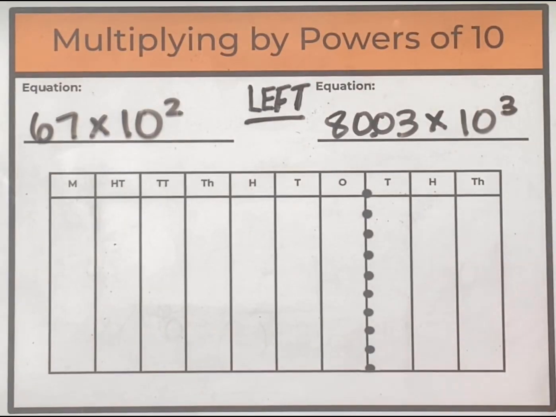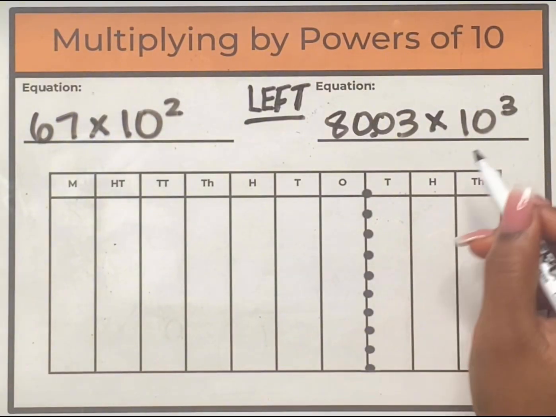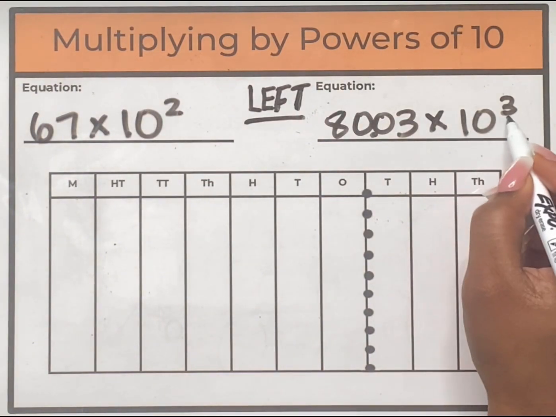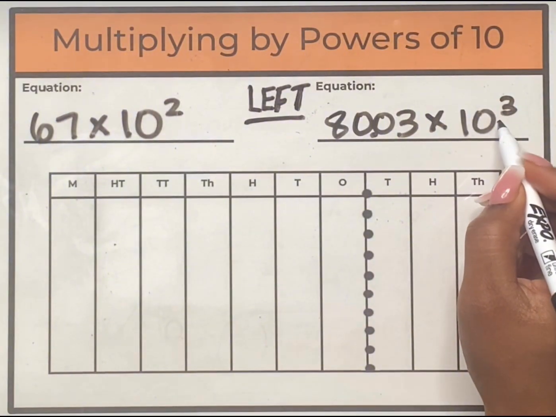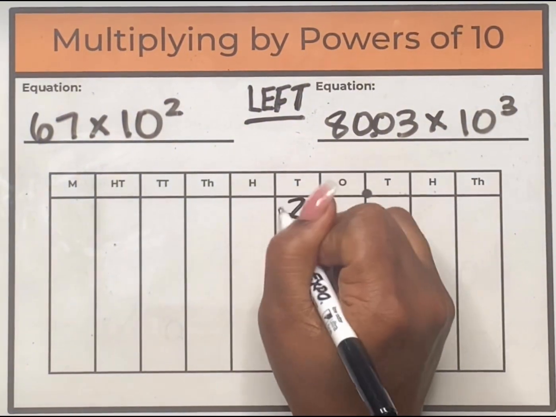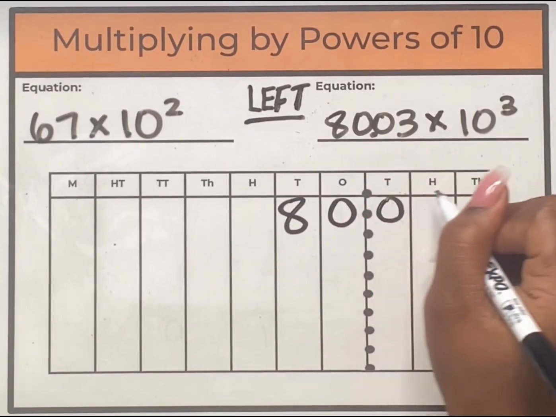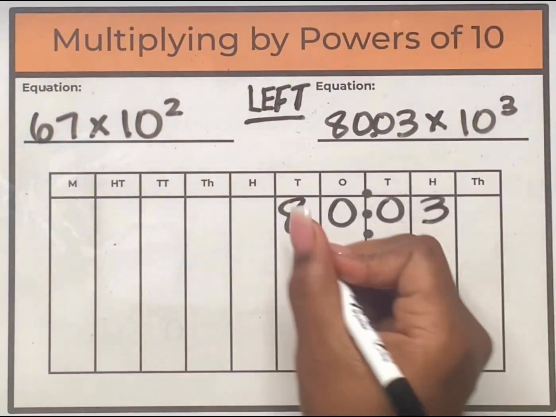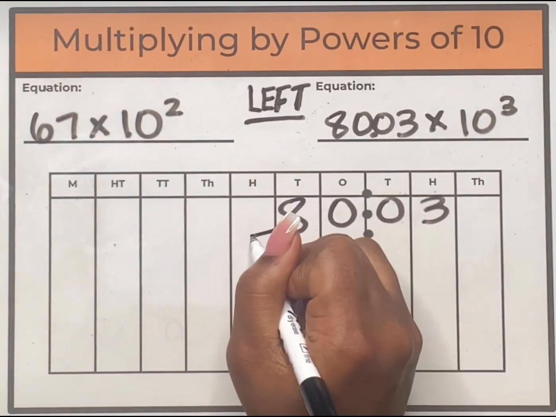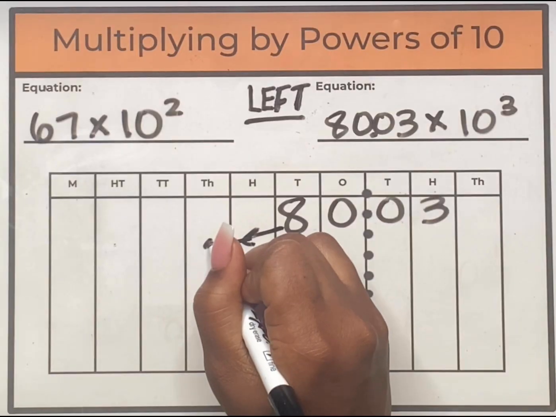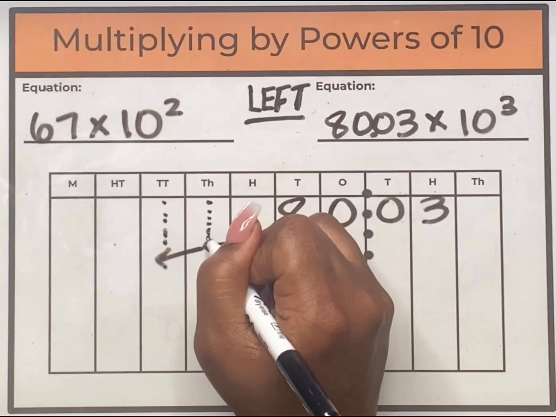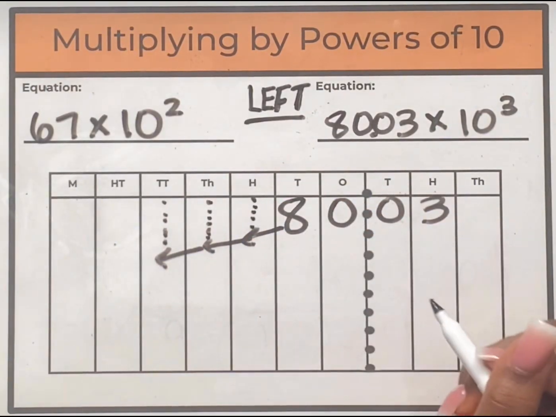80 and 3/100 times 10 to the third power. Let's place it in our chart. I'm multiplying, I'm going to the left. I'm going to go to the left 3 times. 1, 2, and 3. I'm checking, making sure I'm in the middle every time I shift.